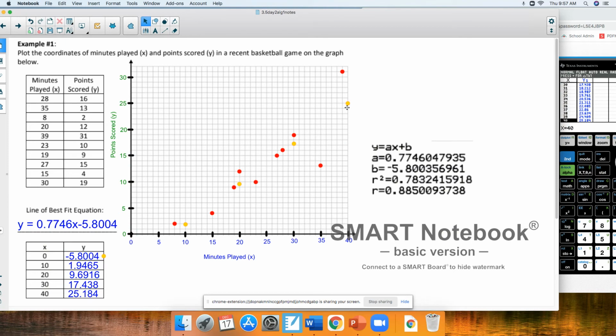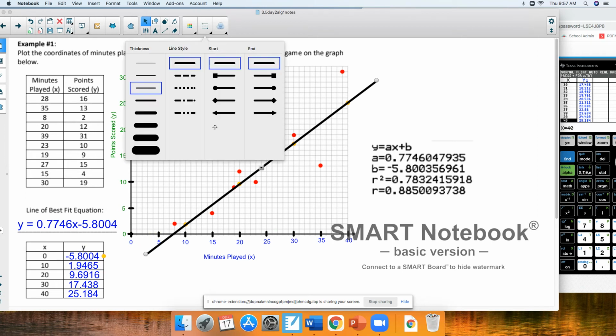Just seeing if I can actually, yeah, there we go. All right. So in order to figure out what's happening here, if we had graphed every single point on this line of best fit, we would be getting something that looks like that. So all I'm doing is connecting each of those points together, those yellow points.